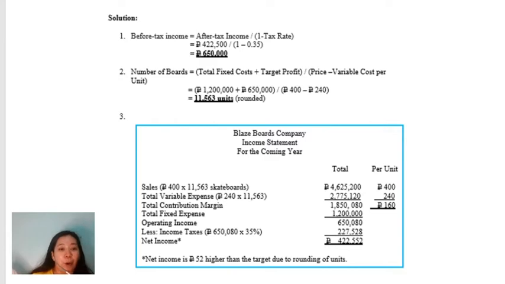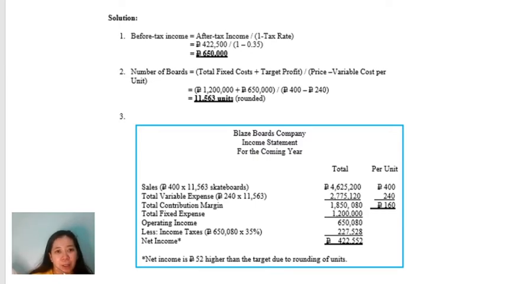Here, the before tax income, meaning the income before we deduct the income taxes, is 650,000. If you deduct the tax of 35%, the after tax is equal to 422,500. Okay?